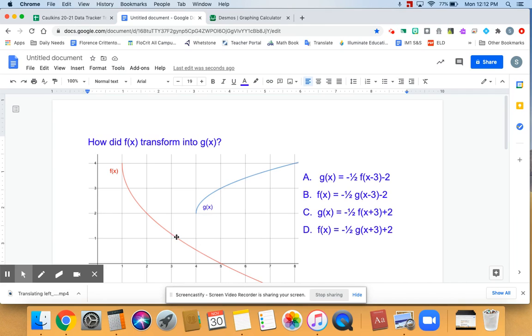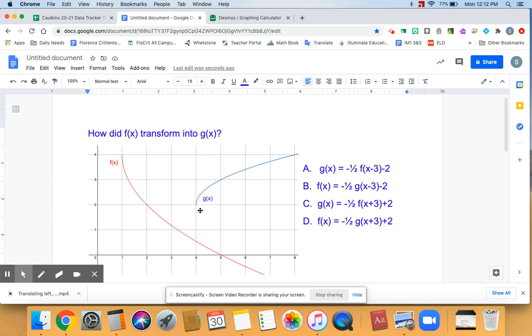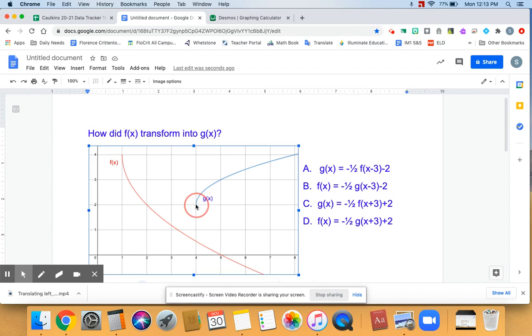So if I start here and I'm trying to take this and turn it into this g of x, if I just start working through my transformations, the easiest thing to do is to start with the vertex. And the vertex is going down 2 and then right 1, 2, 3 to get to this guy right here, this blue g of x vertex.